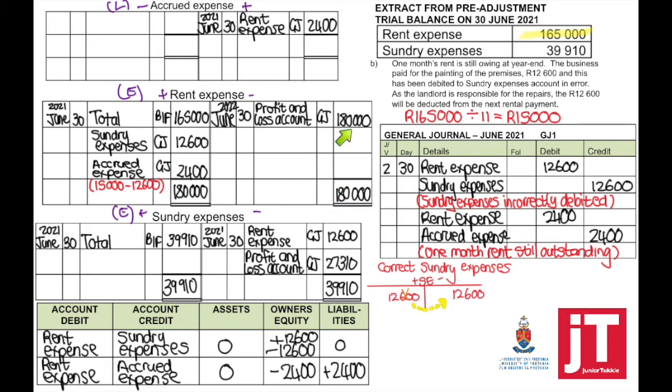That will be the amount that will appear in my profit and loss account as my total rent expense for this accounting period. Accrued expense will appear in the balance sheet account section. So we need to calculate the balance, which means that 2,400 is the balance carried down, balance brought down.